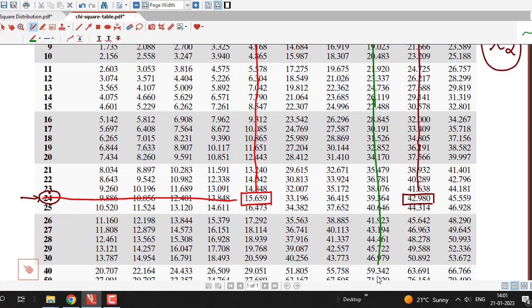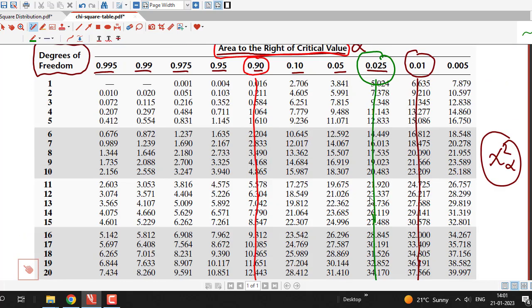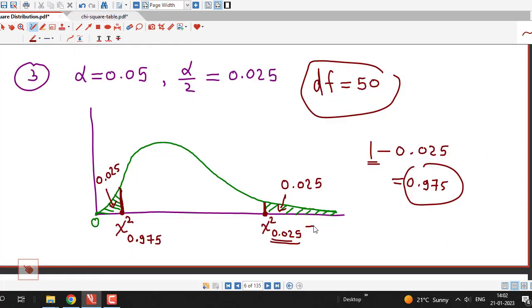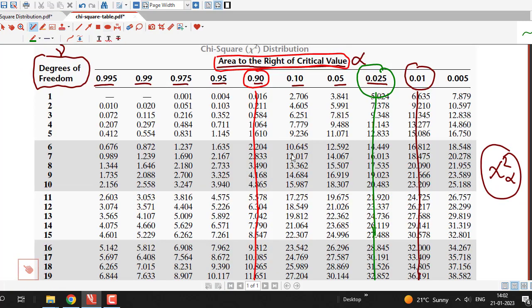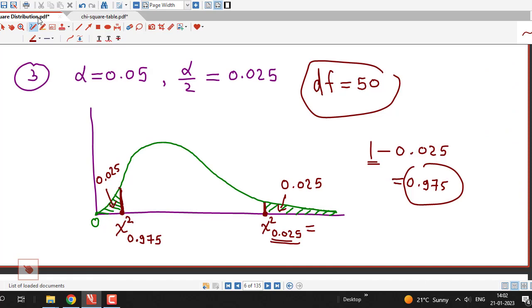So let me go down in this column, and here this row corresponds to 50 degrees of freedom. So this is the value 71.420. That value is chi-square 0.025. What is the intersecting point? 71.42.